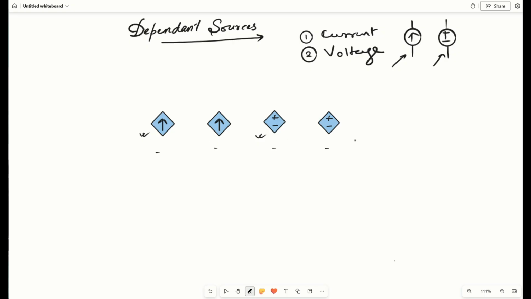Now why are we drawing four sources, or why are we repeating two current sources and two voltage sources? Let us see. These dependent sources are dependent on certain other voltages or currents.